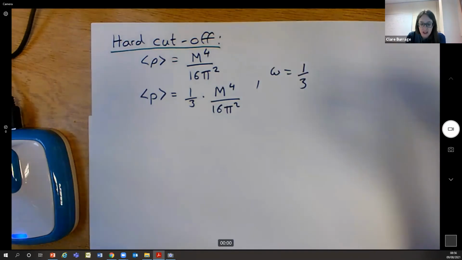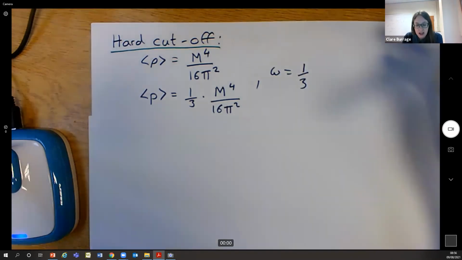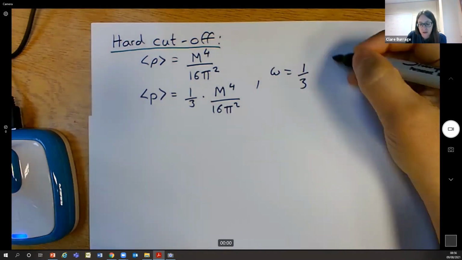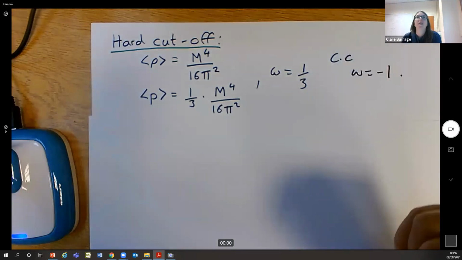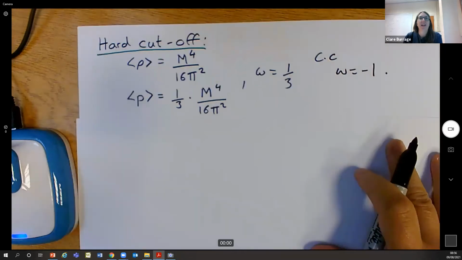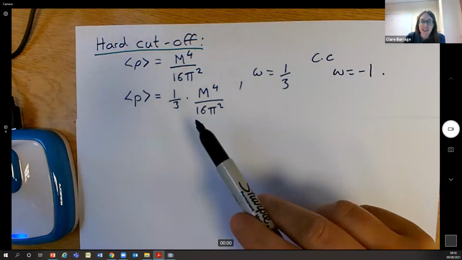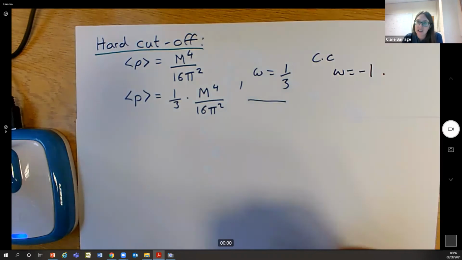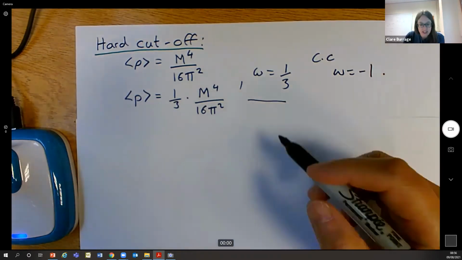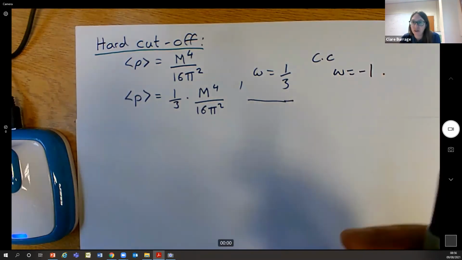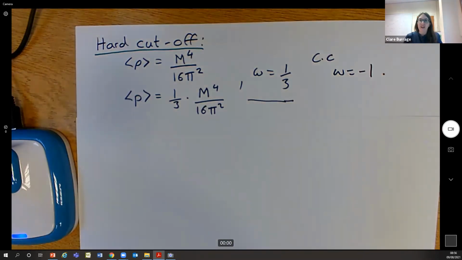Previously, we said that we had to have rho equals minus p, so for a cosmological constant, we need w equals -1. So this calculation of what we thought was going to be the vacuum energy seems to have given us something that in fact has the equation of state of radiation. So what is the problem here? Why is this calculation that we've all been taught, where does it go wrong?